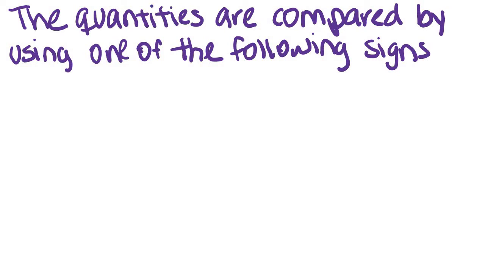So remember the alligator mouth, where the alligator mouth opens to the bigger one. So this guy right here, we read it from left to right, like we read everything in English.